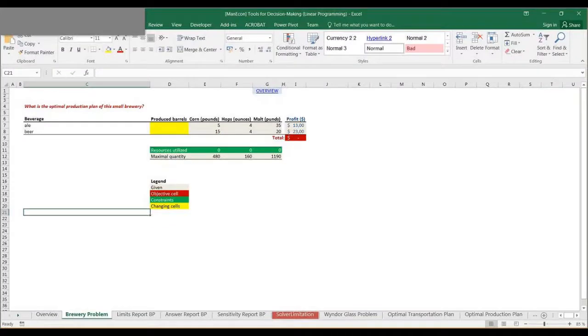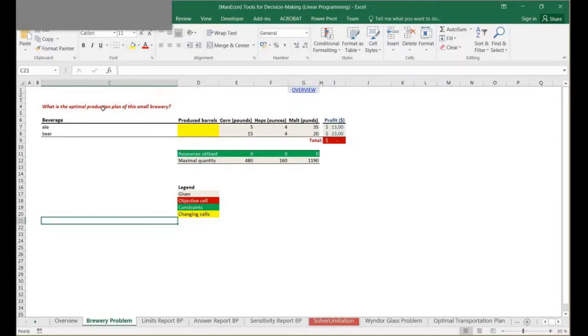So I stop sharing the presentation and I start sharing the Excel file that you also get. I hope you can see it right now.